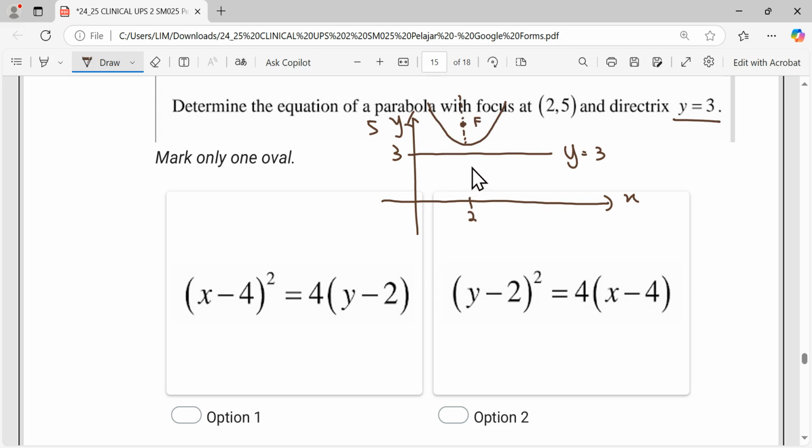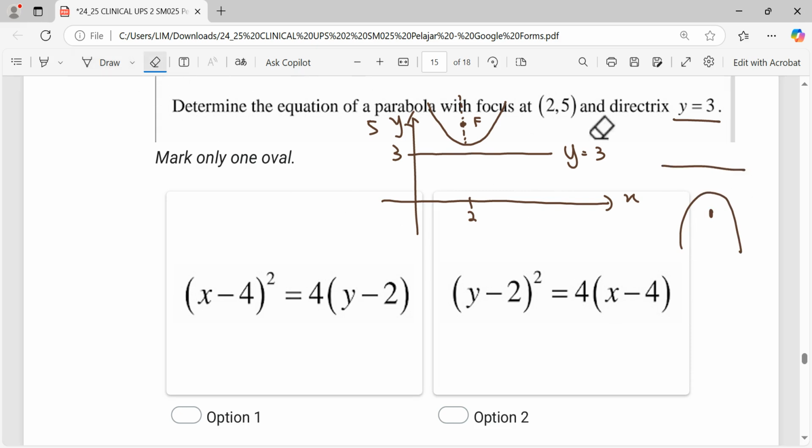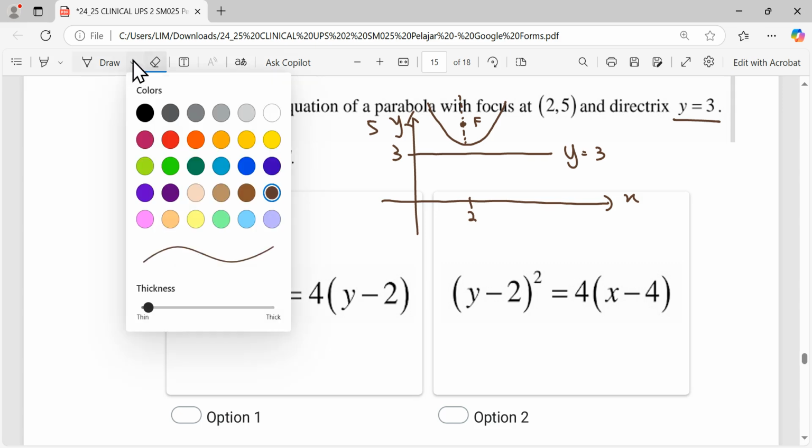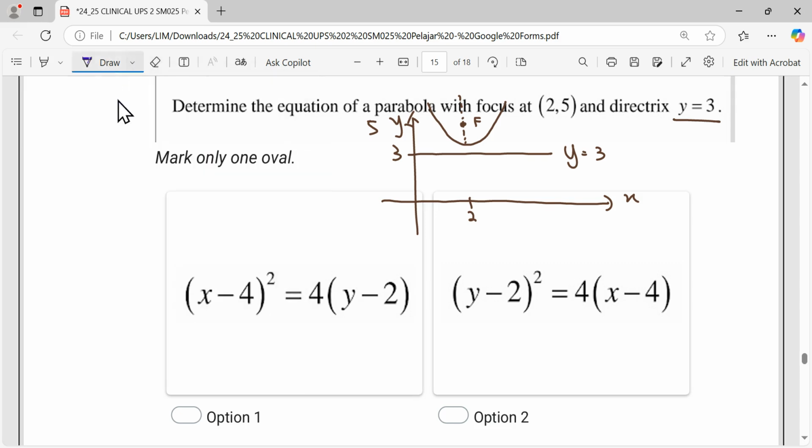If your parabola opens downward, your focus has to be inside the parabola, so it cannot cut the directrix, because the directrix is always on the opposite side. So our parabola here opens upward. When it opens upward, the standard form equation will start with x squared: x minus h squared equals 4p times y minus k.